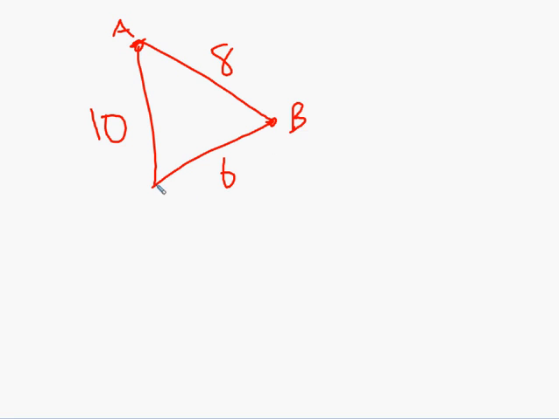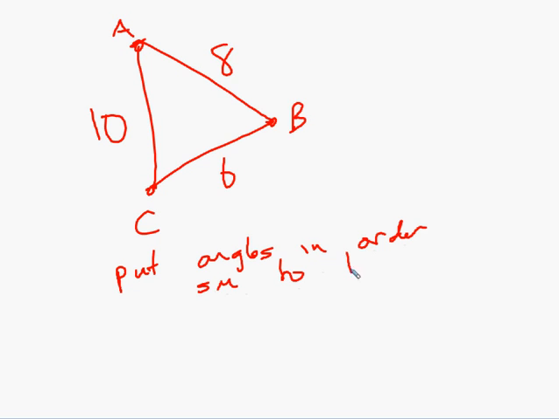Any questions on the angle inequalities where I know the sides? Okay. This is 10. This is 8. And this is 6. Here's angle A, B, and C. Put the angles in order, from smallest to biggest. What is the smallest angle?